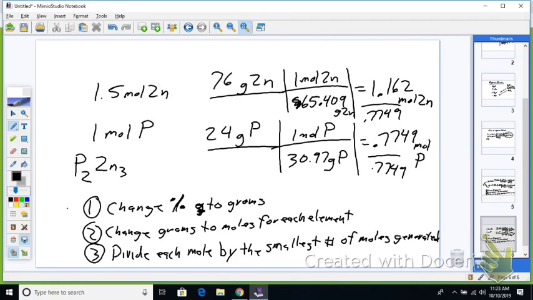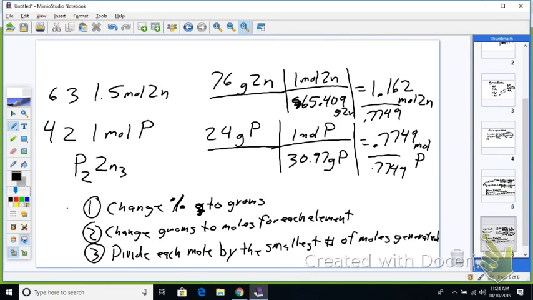So 1.5 to 1 is the same as 3 to 2, which is the same as 6 to 4, which is the same as 9 to 6. But it has to be the smallest whole number ratio. 6 to 4 would not be a good answer.